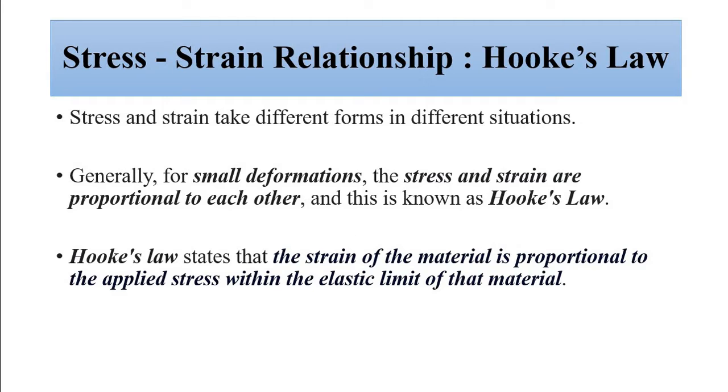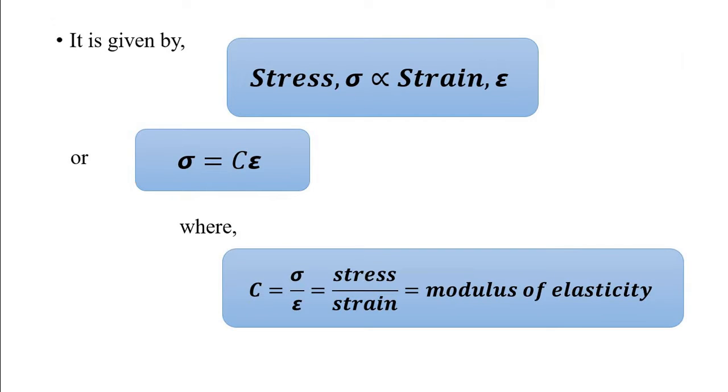The important thing here is that it is only applicable for very small deformations, and this range of small deformation is called the elastic limit of the material. This is the mathematical representation of Hooke's law.